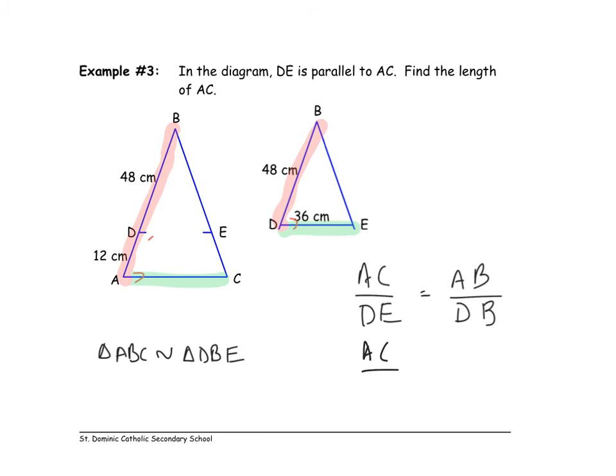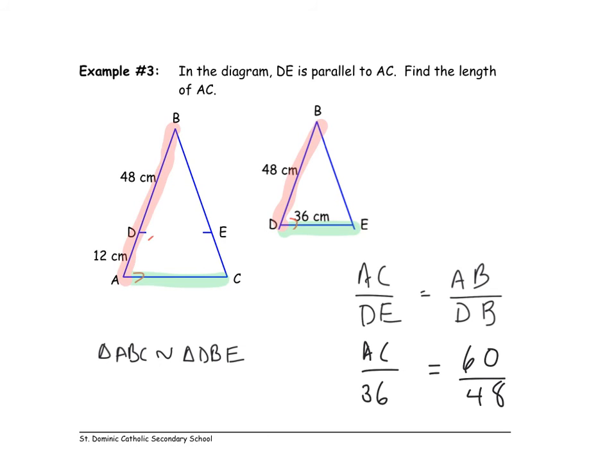What is side DE? DE is 36. Side AB, remember I need to know the measure of the entire side here. So that's going to be 48, 58, 59, 60 centimeters in length. So 60 centimeters. And then DB is, of course, 48.